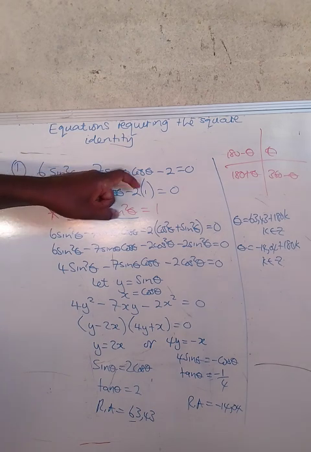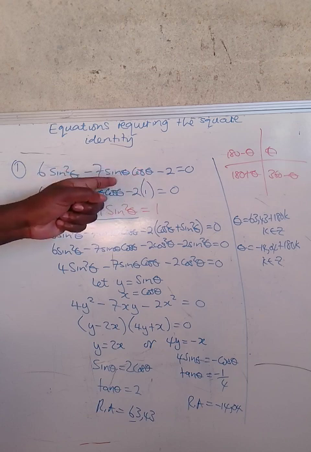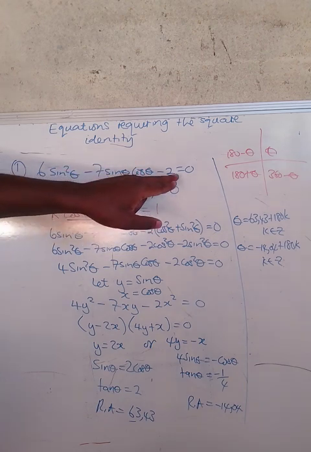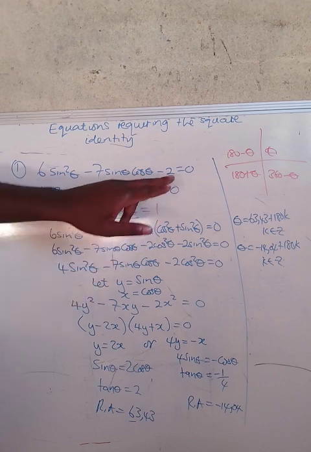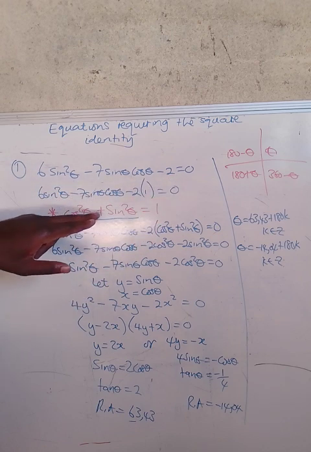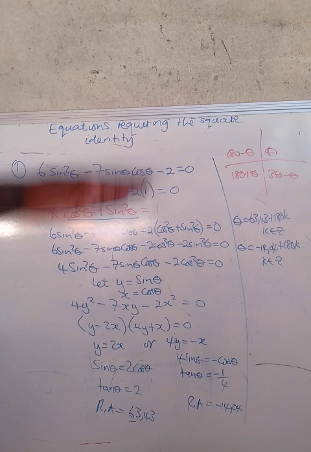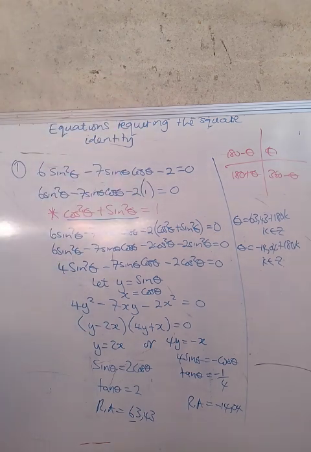Whenever you find the middle term with 2 trigs, you have to multiply by 1, which is cos squared plus sine squared theta. Then it can be solved like this.